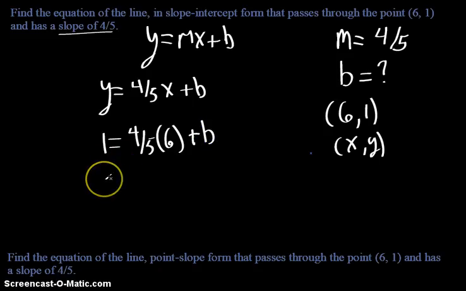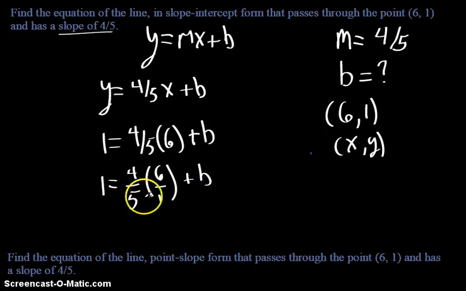All right, now all I have to do is simplify this and find b. So it's 1 equals, I need to multiply 4/5 times 6, so 4/5 times 6 over 1 plus b. There's nothing I can reduce here, so I just get 1 equals 6 times 4 is 24/5 plus b.